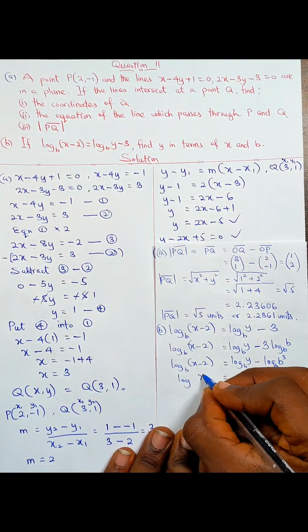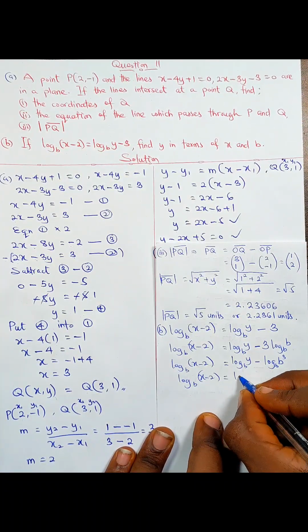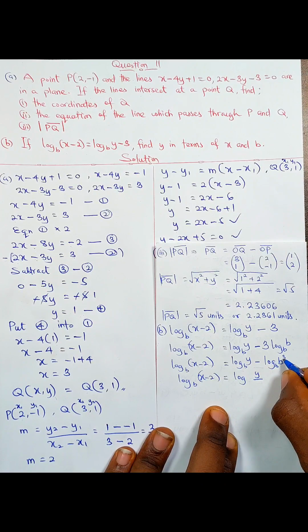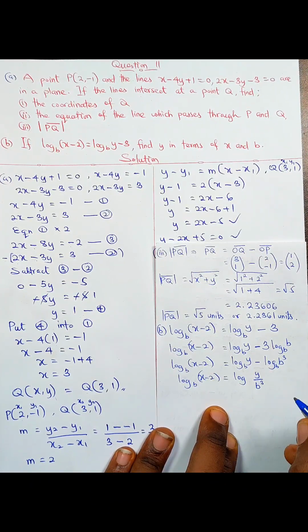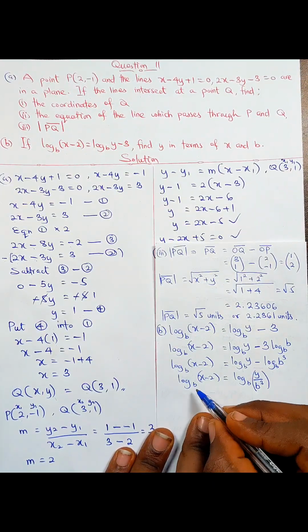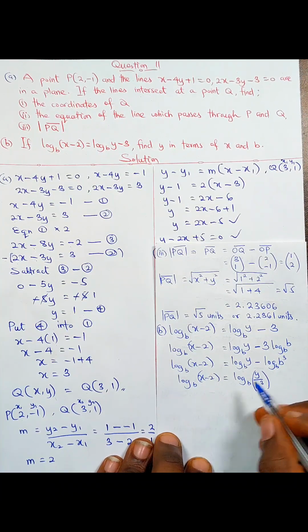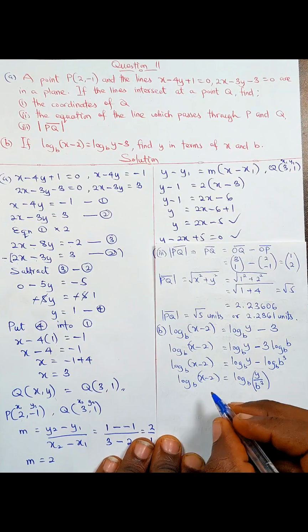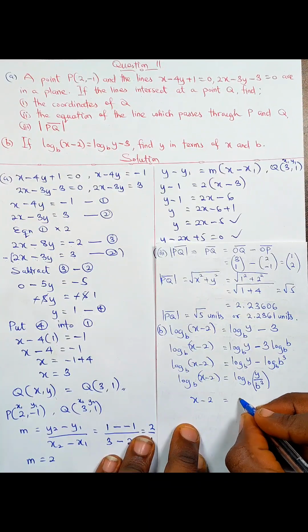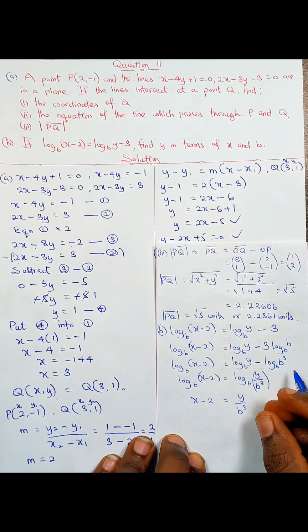According to the laws of logarithm, if there is a minus, you are going to do log of the value in front, which is y, over the value here, which is b cube, all to the base b. So we can put this in a bracket. Now, since both sides have the log to the base b, we can take the antilog of both sides, and it cancels out the log, and we get x minus 2 on the left, then y over b to the power 3 on the right.